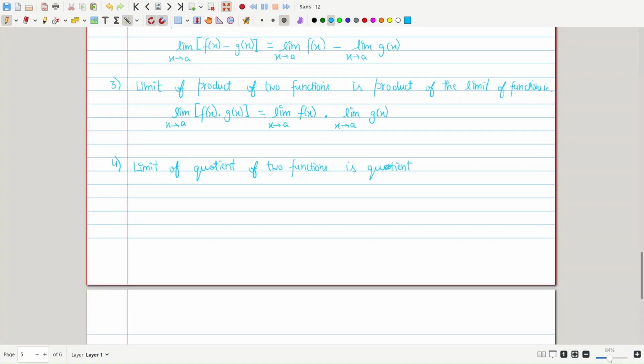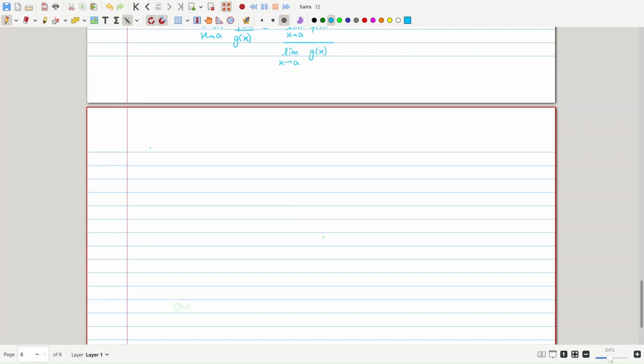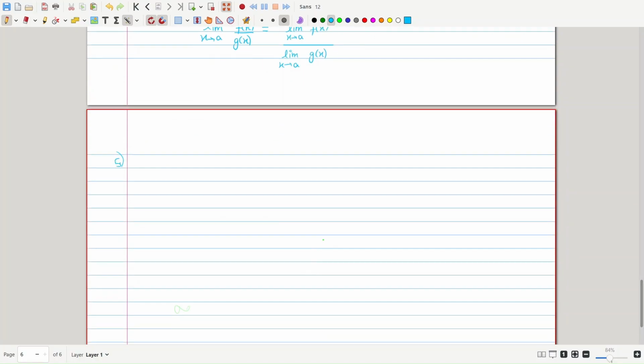Fourth one is division. The limit of the quotient of two functions is the quotient of the limits of the functions, whenever the denominator is non-zero. That is, limit x tending to a f(x) by g(x) is equal to the individual limit x tending to a f(x) divided by limit x tending to a g(x).